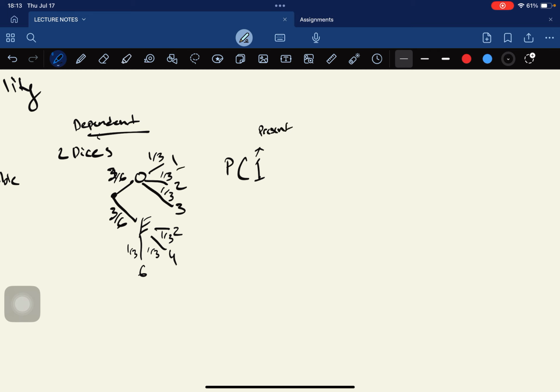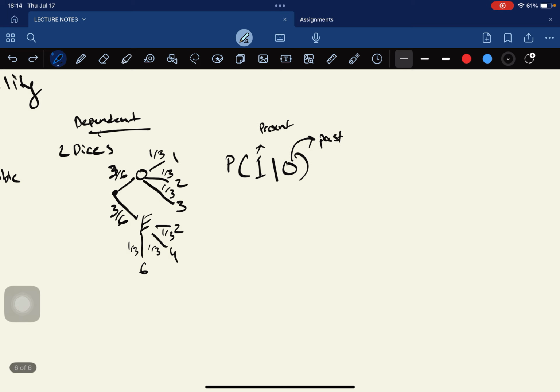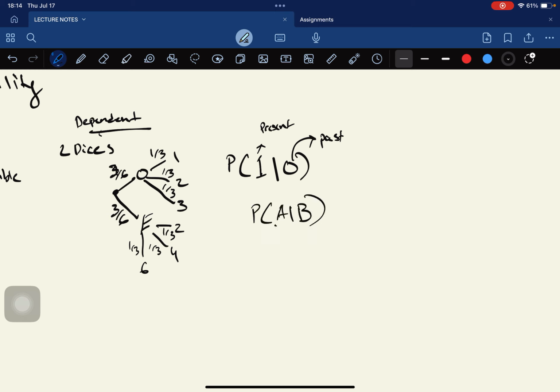So we've got 1 as the present, and then you put a vertical line, and you put odd, because that was the past. So this is considered the past and this is the present. This can be 2, 1, doesn't matter. So present and past. And the actual formula would be right here, A, B. Just remember, this is present, and this is past.